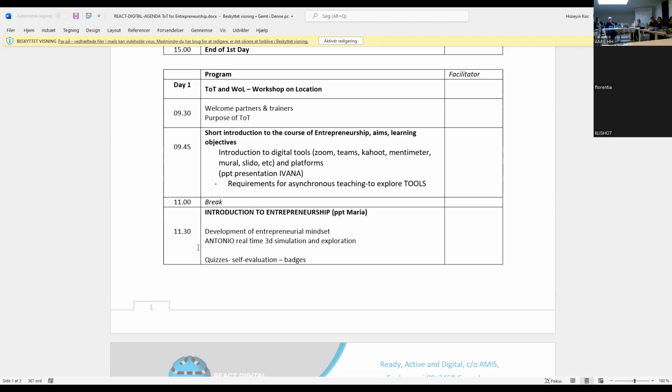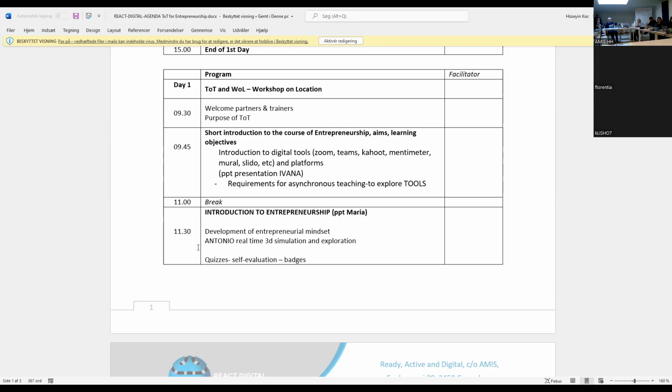Just to say, if you haven't used some of these, you still have some time to go and see what Kahoot is, how you use it, and so on. And then to introduce also this asynchronous learning, for them to know that it's not only the 2 or 3 hours that they will have lectures, games, and so on, but they will have to do a lot on their own.